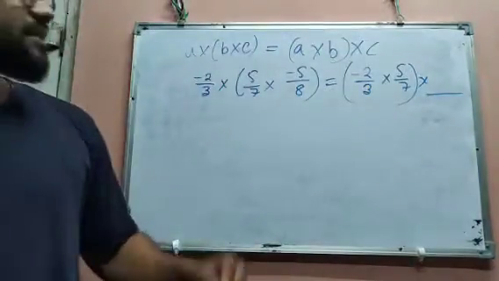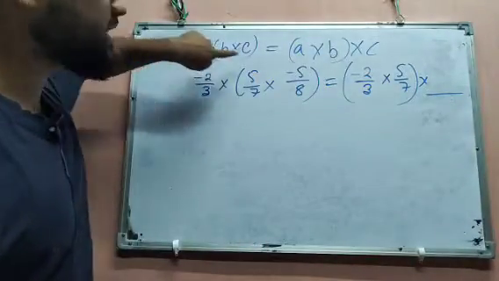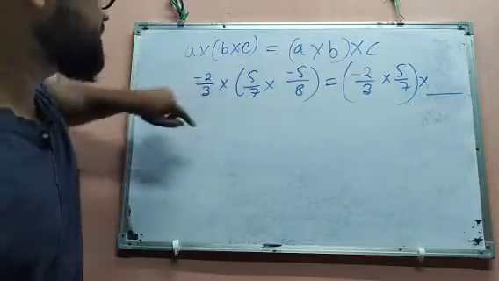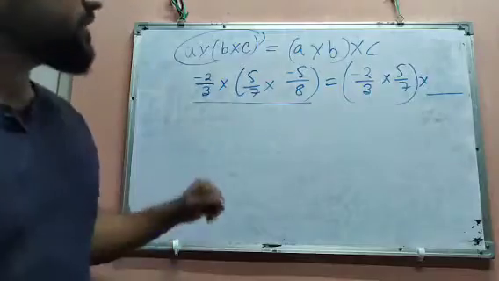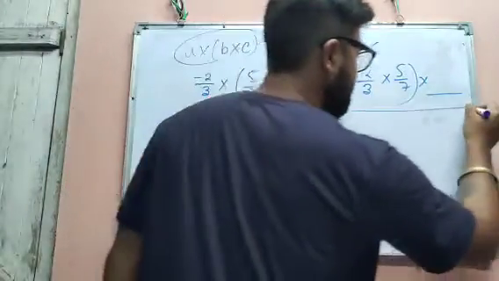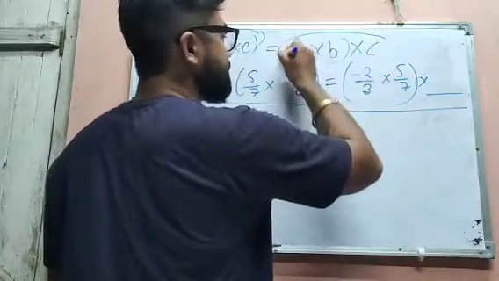Since it must satisfy that property, A into B whole into C, this portion is compared with that part, and again this portion is compared with that part.